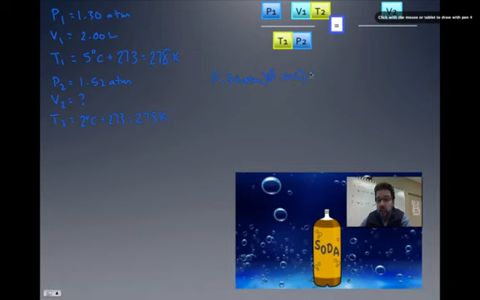Our T2, not T1, but T2, you can see it right there, is 275 K. And that's going to be divided by T1, which is 278 K, times P2, which is 1.52 ATM. Okay, all that is going to give me my V2 value. So I've already cranked it through on my calculator, and I wind up getting 1.69.